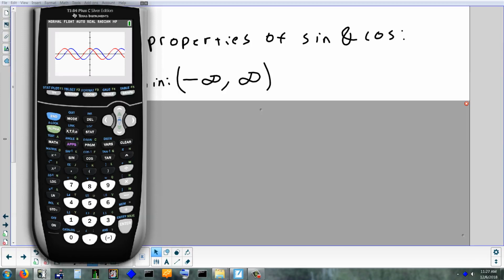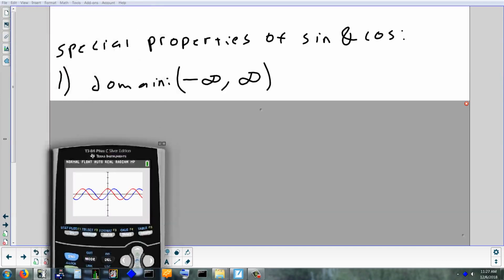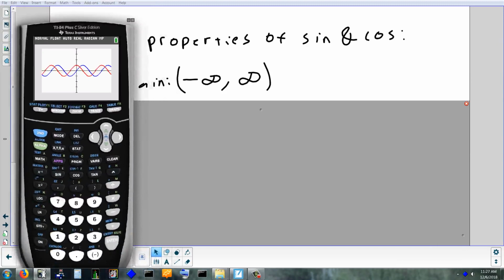If you look at left and right, how far does it look like these graphs go left and right? Forever. That's why the domain is negative infinity to infinity. They never stop going left and right. If you zoom out, you just see more waves. Now, how about up and down? There's a limit. Anyone think they can see how high and low they go? It's not infinite, it's 1 and -1.